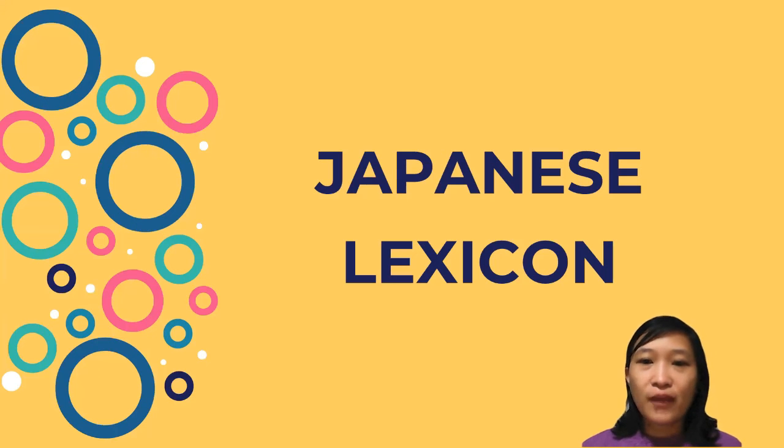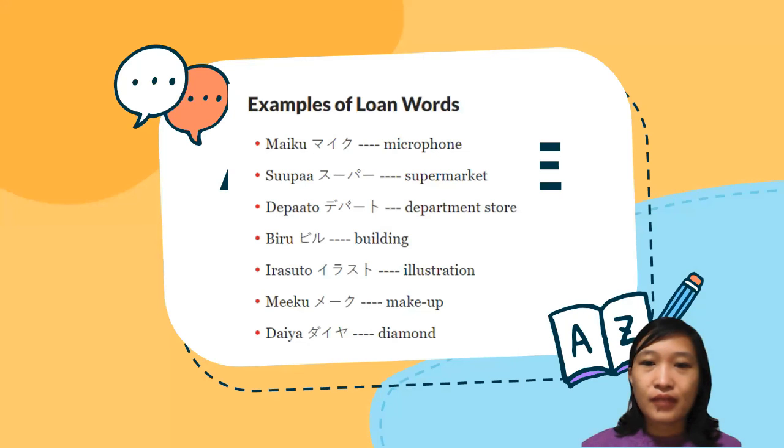We go now to the Japanese lexicon. The Japanese language has borrowed many words from foreign countries. Firstly, from China as early as the Nara period, and the Japanese word for them is loanwords or borrowed words. Many Chinese words were mixed into Japanese to the extent they are no longer considered loanwords.